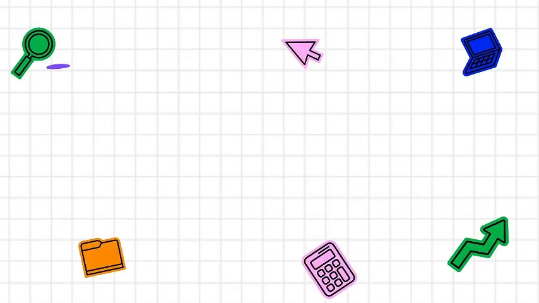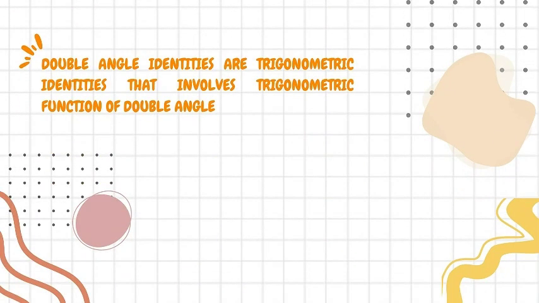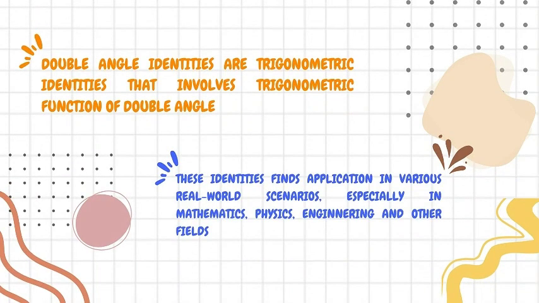Now let's talk about the real-world connection of this trigonometric concept. Double angle identities are trigonometric identities that involve trigonometric functions of double angles. These identities find application in various real-world scenarios, especially in mathematics, physics, engineering, and other fields.